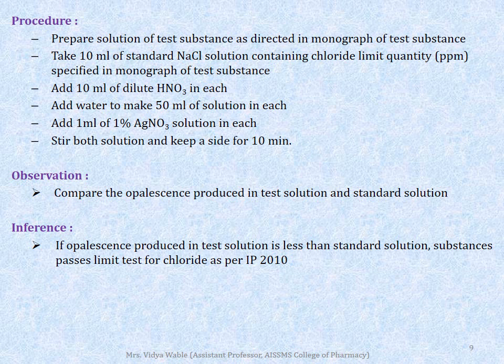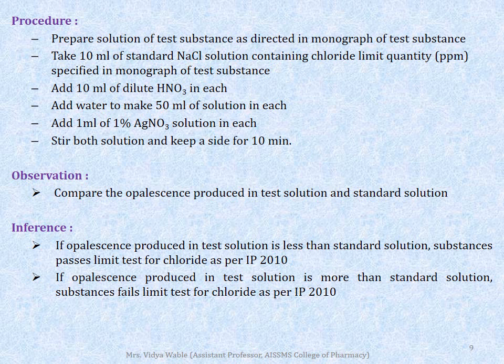It indicates the percentage of chloride as an impurity is less in the test solution than the standard one. If the opalescence produced in the test solution is more than the standard solution, the substance fails the limit test for chloride as per IP 2010. It indicates the percentage of chloride as an impurity is more in the test solution than the standard.